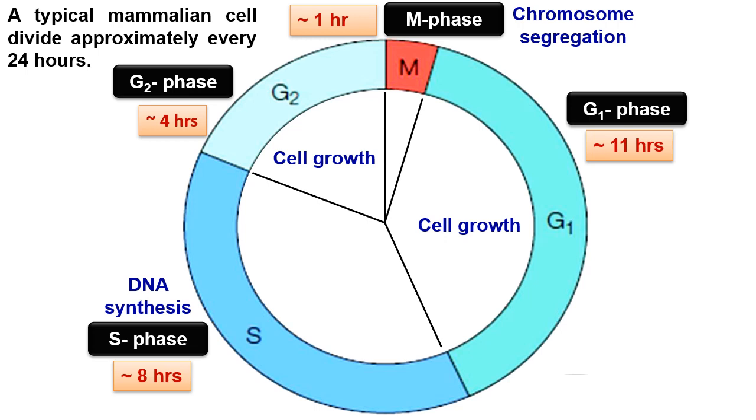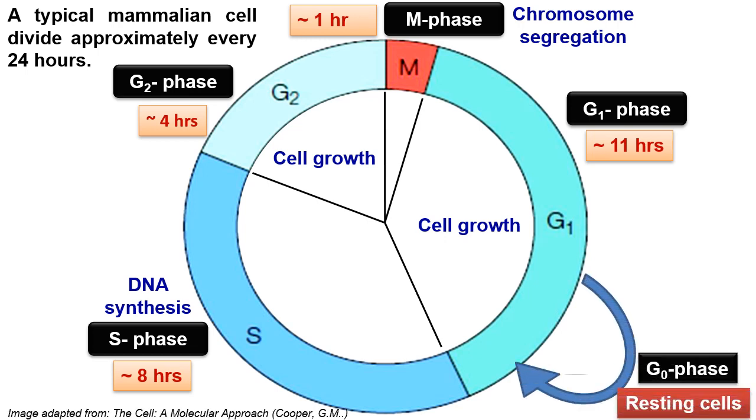But there are other types of cells which divide much more rapidly. For example, it takes only about 90 minutes in budding yeast to progress through the 4 stages of the cell cycle. Some cells cease proliferation and enter a quiescent stage called the G0 phase, and the cells in this phase are known as the resting cells.